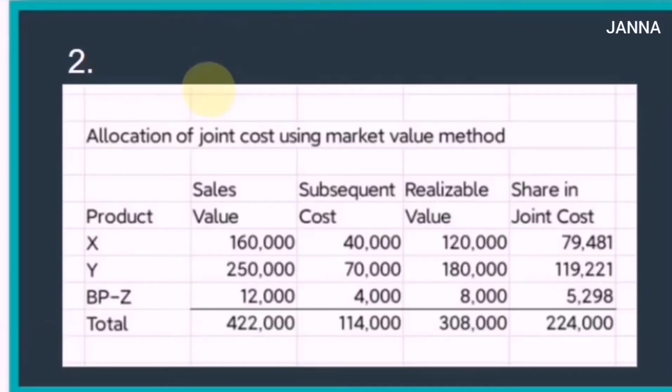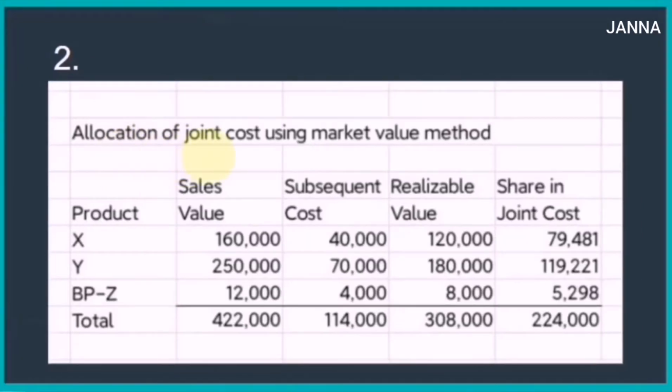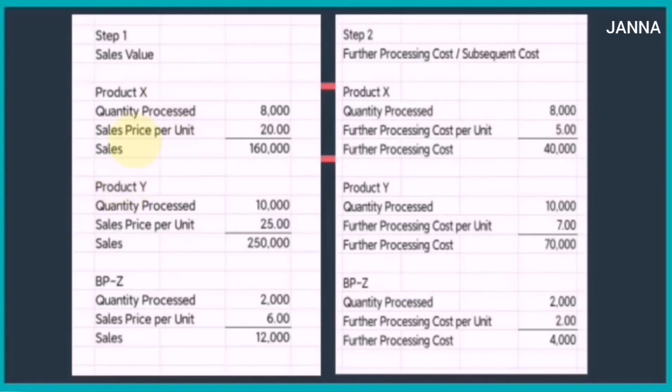So, for the second solution, we have the allocation of joint cost using market value method. This is to allocate joint cost of product X and Y. So, we have sales value, subsequent cost, realizable value, and share in joint cost. For product X, sales value niya is 160,000 pesos. Quantity processed, 8,000, sales price per unit, 20 pesos.